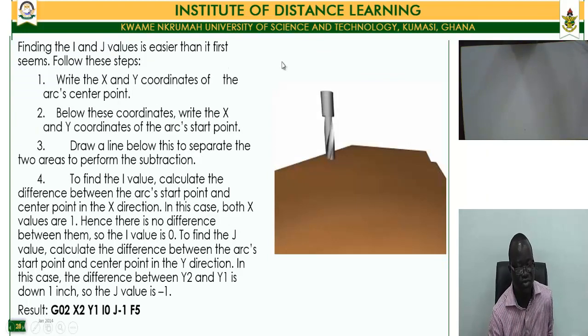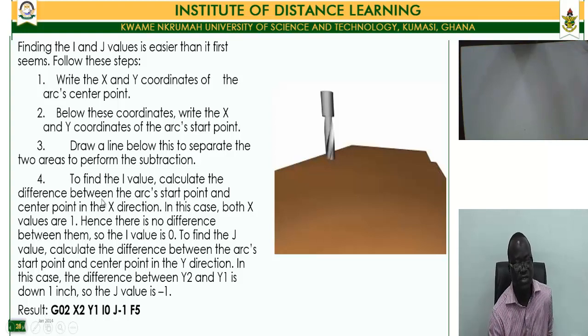Then to find the I value, you calculate the difference between the arc start point and the center point in the X direction, and that will be the I. In this case the difference is 0, because each one has an X coordinate of 1.